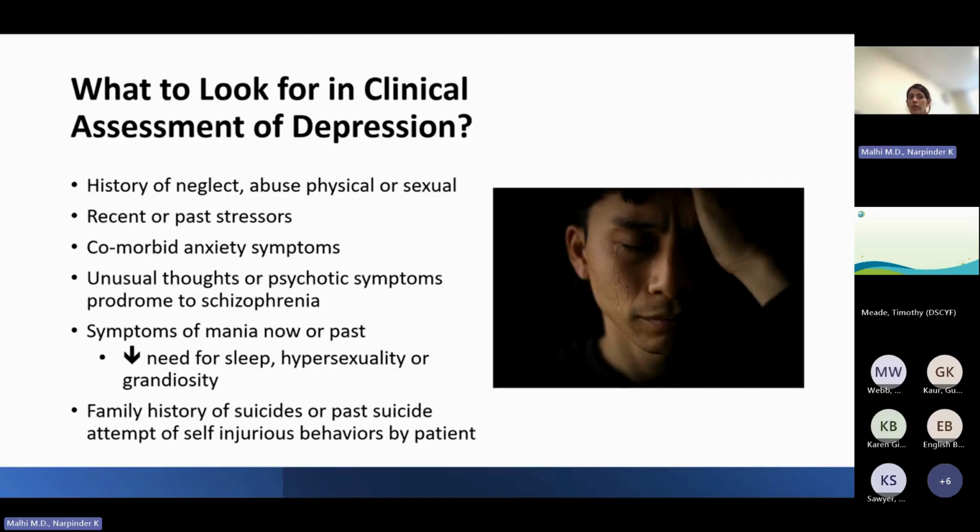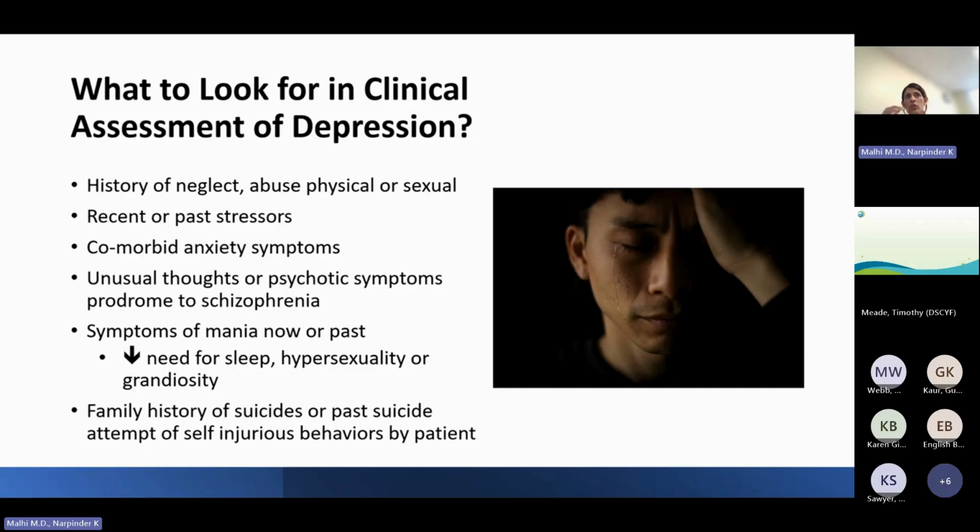And what to look for in clinical assessment of depression, as we talked about all the risk factors, such as any trauma history or any comorbid symptoms of anxiety, ADHD, all put them at a higher risk for development of depression. And then any psychotic symptoms need to be ruled out. And symptoms of mania are really important because you may be seeing the patient when the patient is presenting with depression, but they may have experienced some symptoms of mania or hypomania in the past.